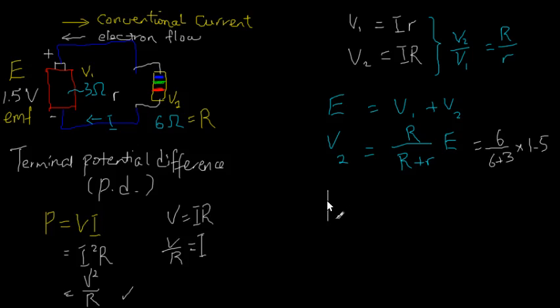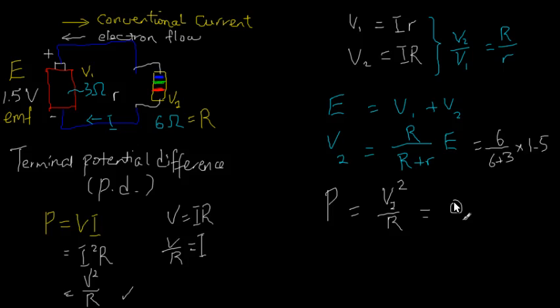So the power in big R is equal to V2 squared over big R. Using the values from there and this value from there, I can find the answer using my calculator.